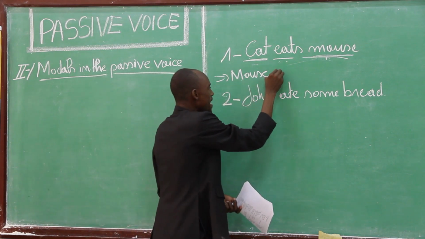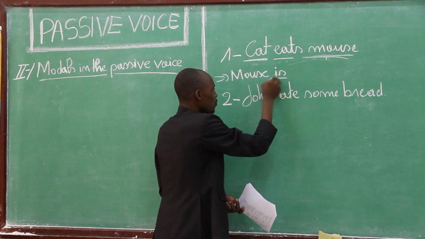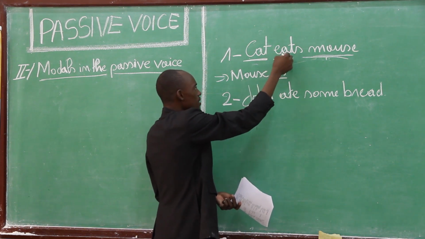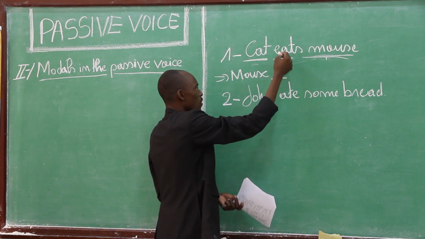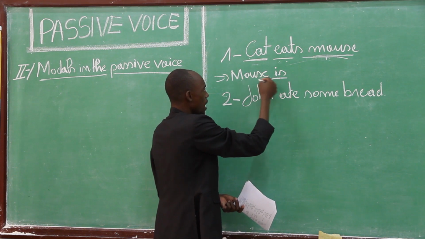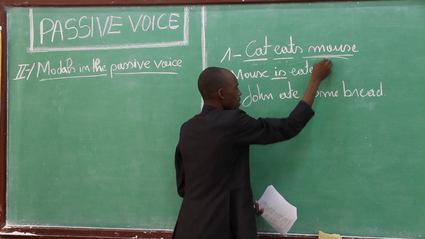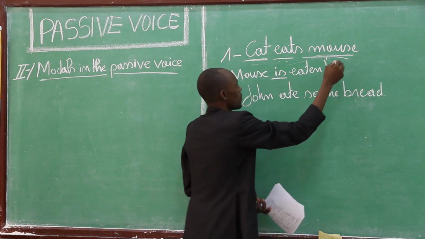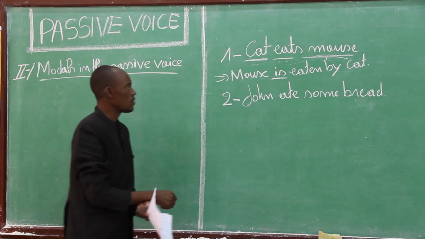Mouse is, and after the auxiliary to be, we must take the past participle of the main verb of the active voice. And we can say here, mouse is eaten by cats.